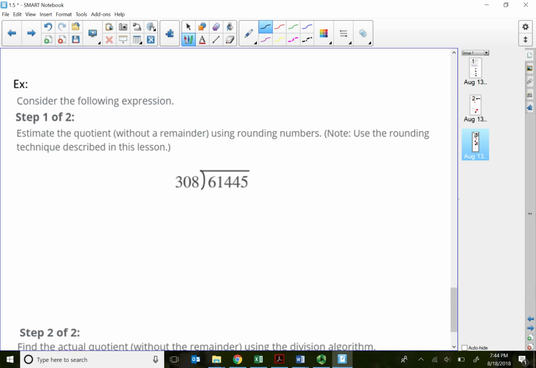All right. Step 1 is estimating. So the 6 and the 3. The 1 inside will make my 6 stay the same. So the 6 is still 6. That's 40 beside it. 308 is about 300.